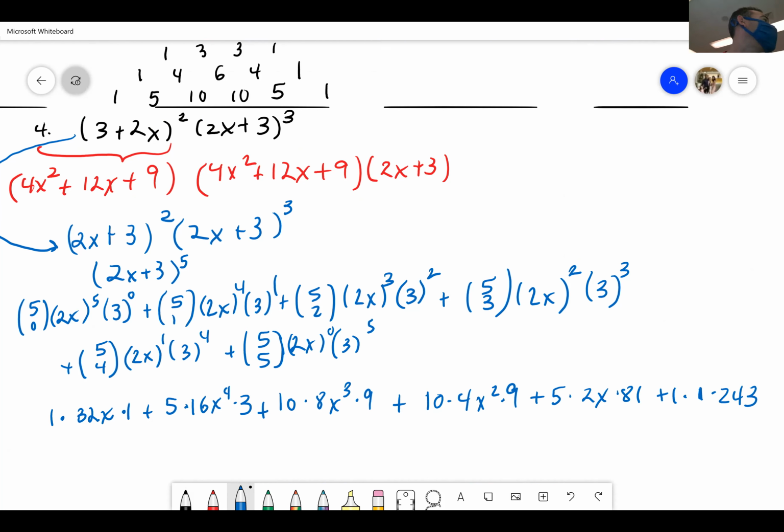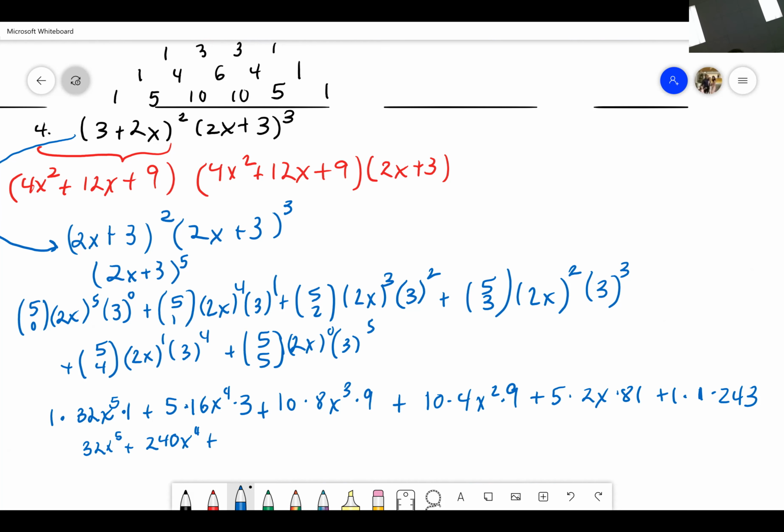Let me go ahead and zoom out so you guys can see it appropriately. Okay. So I think you can see it there. Oh, look, I forgot the 5th power there. 32x to the 5th. 16 times 5 is 80. 80 times 3 is 240x to the 4th.